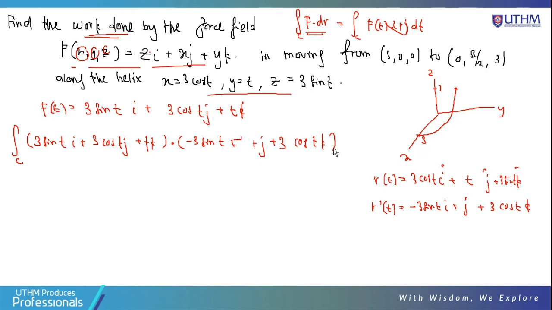So this one dot, you will get negative 9 sin squared t plus 3 cos t plus 3t cos t. Okay, so this one is with respect to dt.